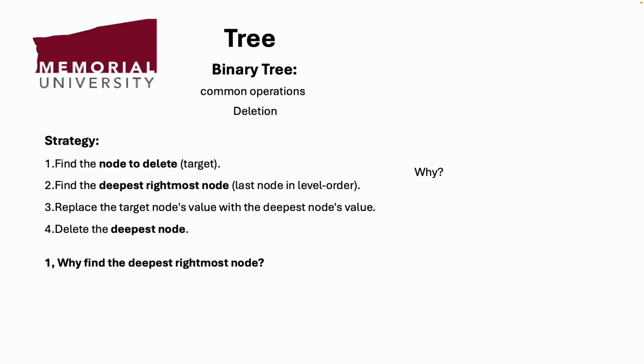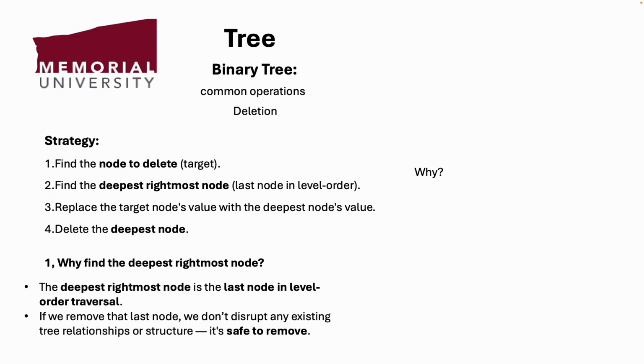First question, why do we find the deepest rightmost node? The deepest rightmost node is the last node of a level order traversal. If we remove the last node, we have little chance of interrupting any existing tree relationships or structures.